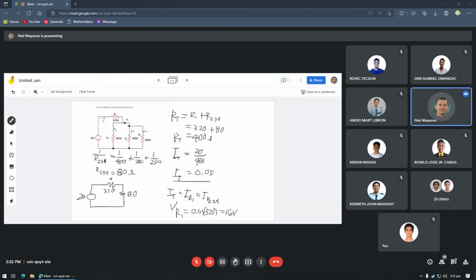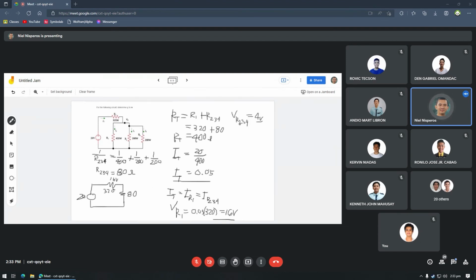So since we have a voltage across R1 of 16 volts, the voltage across R2, 3, 4 is equal to how much, class? 4 volts. Okay, 4 volts because the voltage across R1 is 16, and the voltage across R1 plus the voltage across R2, 3, 4 must equal 20.